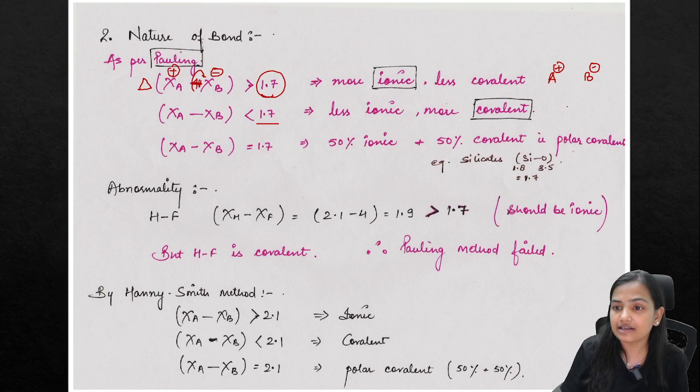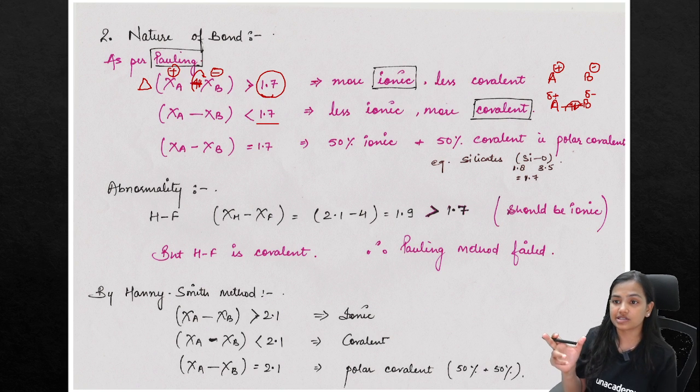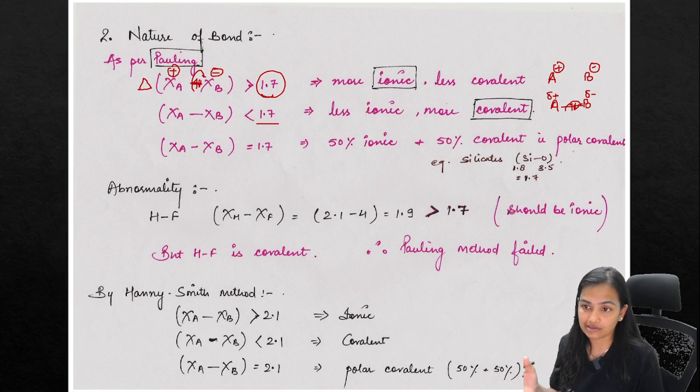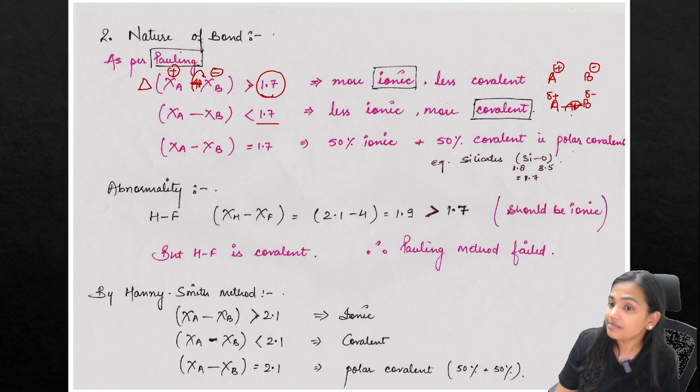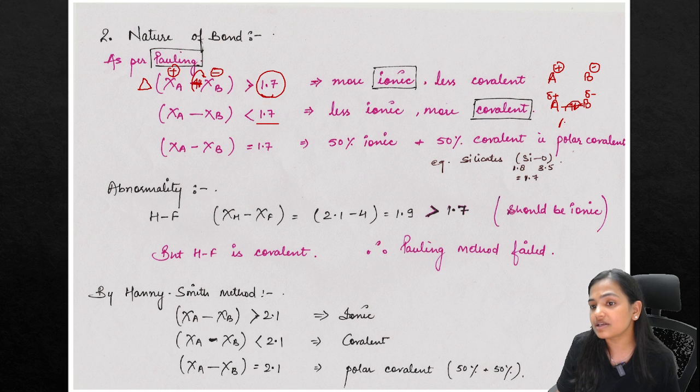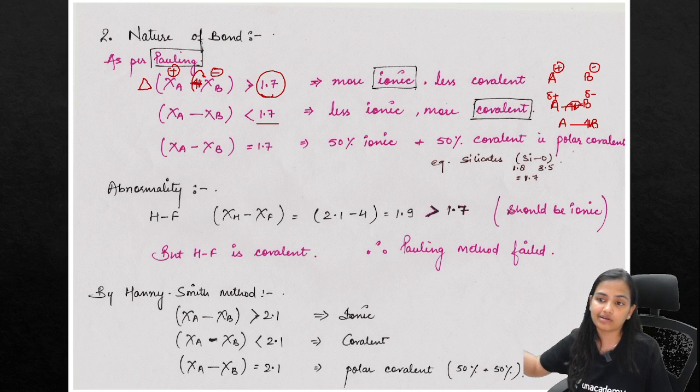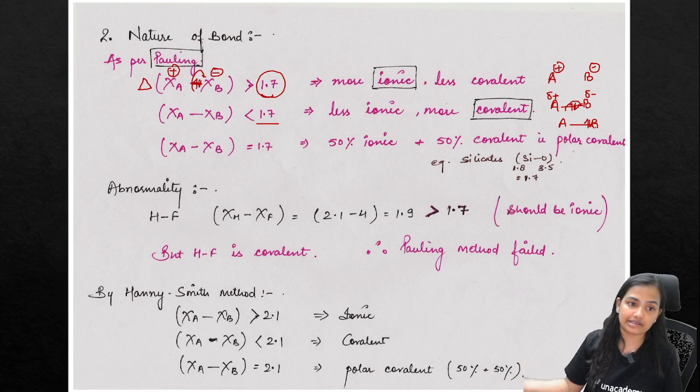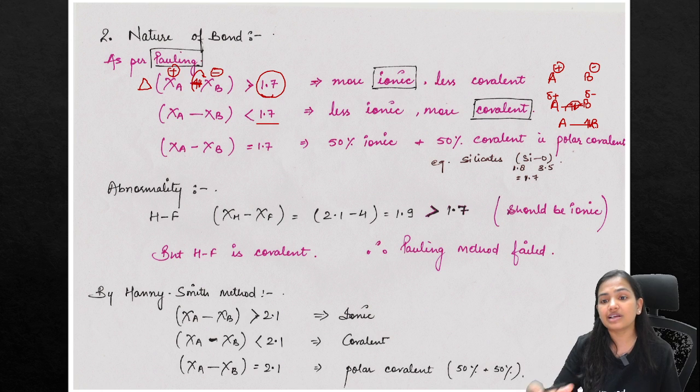Because of the smaller difference in electronegativity, the electrons will simply be shifted. So I can say this end is partially negative and that end partially positive. I cannot break the bond. It just remains a covalent bond, but the electron density gets shifted from A to B, meaning the electrons will be more towards B. But the bond remains covalent.